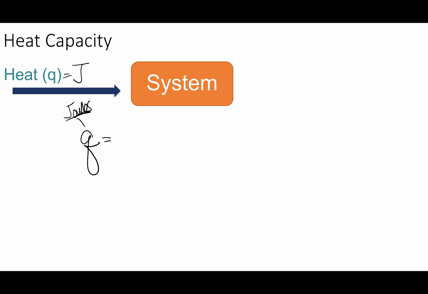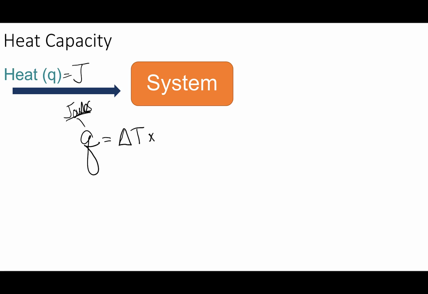That I have to consider when I'm trying to determine the amount of heat that's absorbed by our system. Well, certainly there's going to be some sort of change in temperature, right? So I can monitor the change in temperature of our system by sticking a thermometer in it. So that's certainly going to be something we consider. The other thing we need to consider is how much we have in our system.